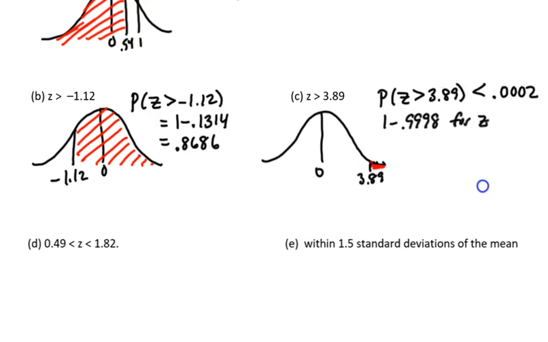All we can say from the table is that it's less than 0.0002, which is a really small amount, or less than 0.02%, practically zero. Practically a zero probability here.